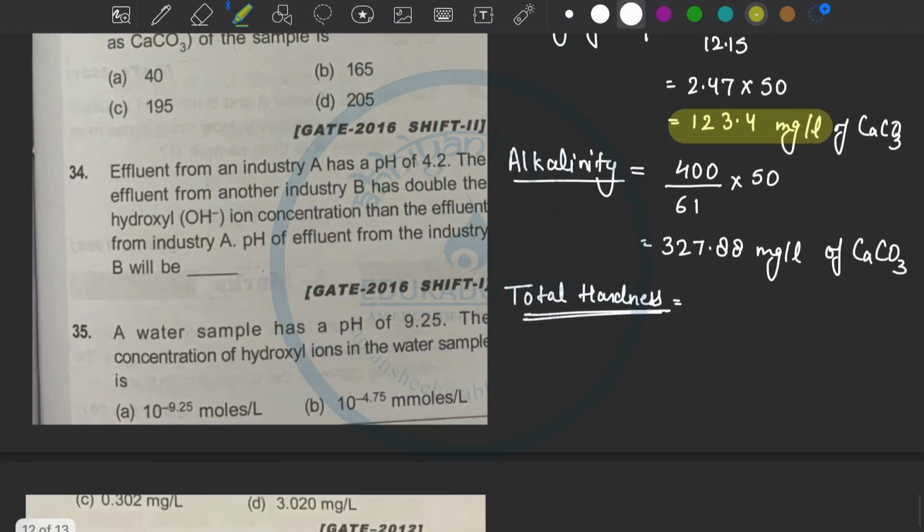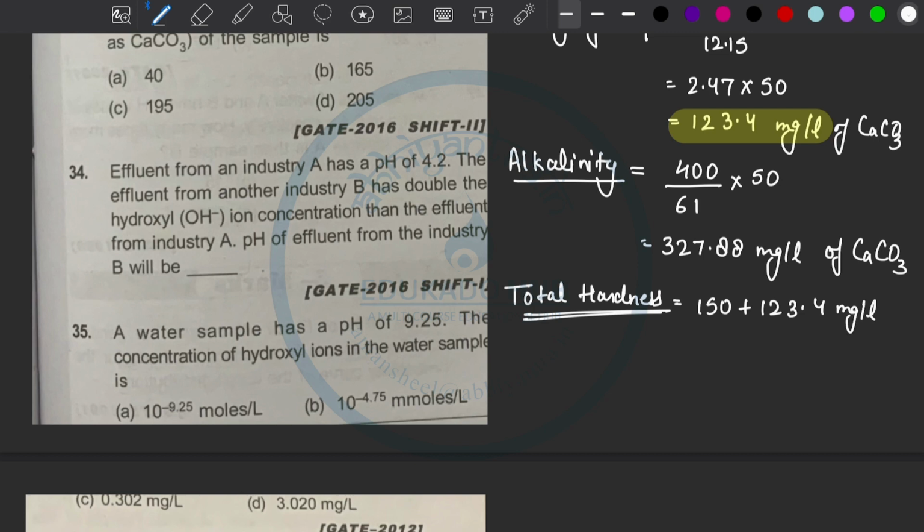So we got the total hardness, that is 150 plus 123.4 milligram per liter. It is equal to 273.4 milligram per liter of CaCO3.